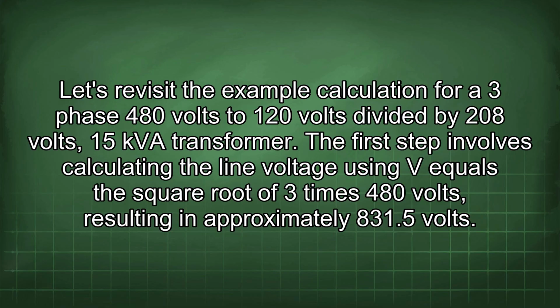Let's revisit the example calculation for a three-phase 480 volts to 120 volts divided by 208 volts, 15 kVA transformer. The first step involves calculating the line voltage using V equals the square root of 3 times 480 volts, resulting in approximately 831.5 volts.